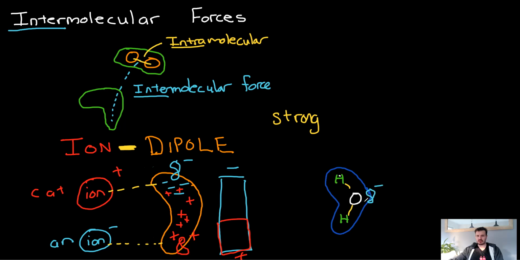The oxygen here is negative, so there's a higher concentration of electrons around this oxygen, and that's because there are two lone pairs of electrons on this oxygen. And so we have this high concentration of electrons on the oxygen, and then the hydrogen is comparatively positive, and so that has our plus here and a plus here.